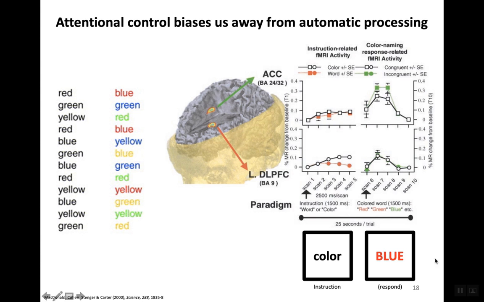So whenever you're supposed to name the color of this word, red, as opposed to just reading the word, blue, it seems that the DLPFC was a lot more active, substantially more active across a number of scans.